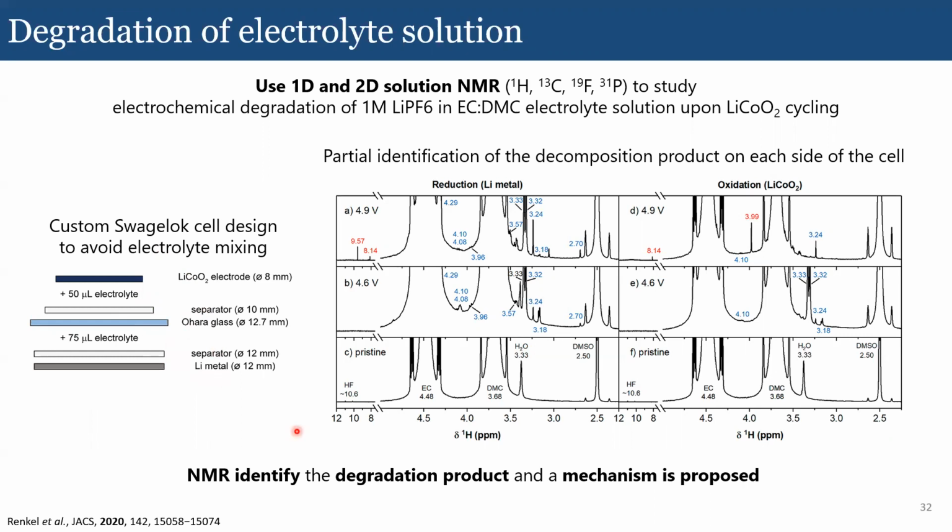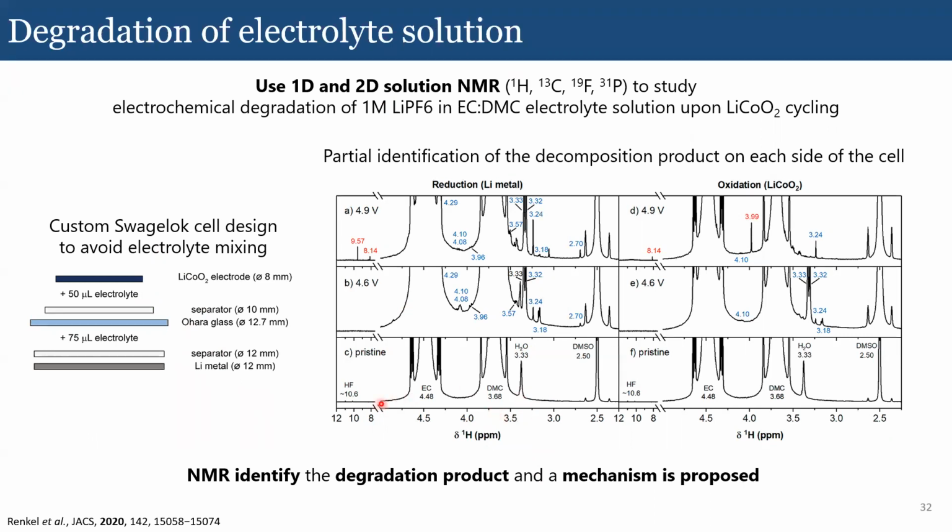So they were able to extract both sides of the electrolyte, record their NMR spectra, and then, as the assignment, they were basically showing which types of new molecules were formed upon electrolyte decomposition. To do that, they were doing some 2D NMR experiments to get the full assignment.